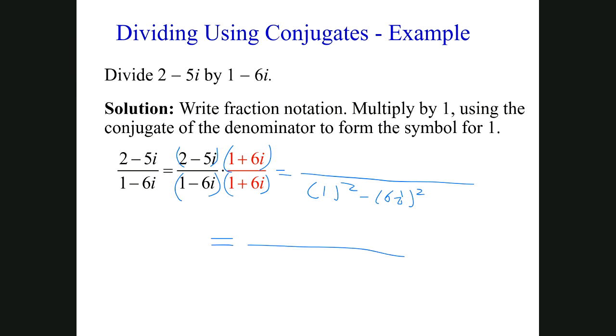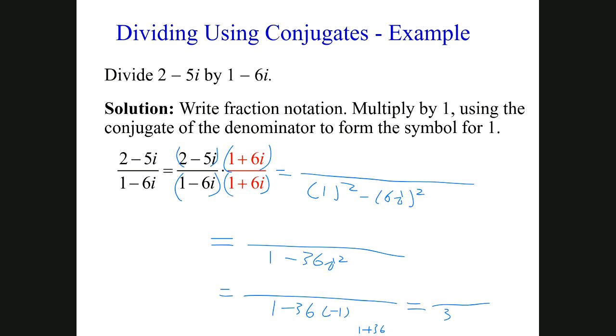This one squared is 1, and then minus 6i squared is 36i squared. And how much is i squared? i squared is -1. So now we have 1 minus this, which is 1 plus 36, because negative becomes positive. So my denominator is 37.